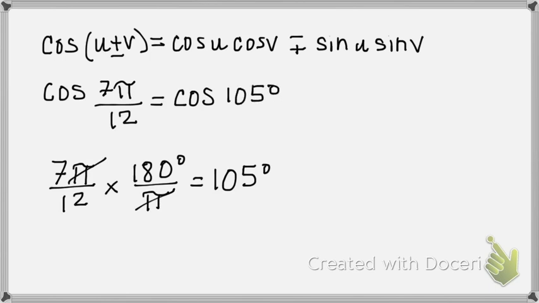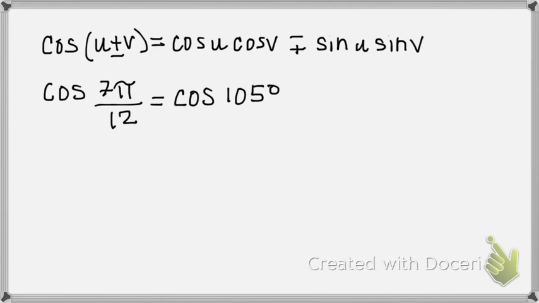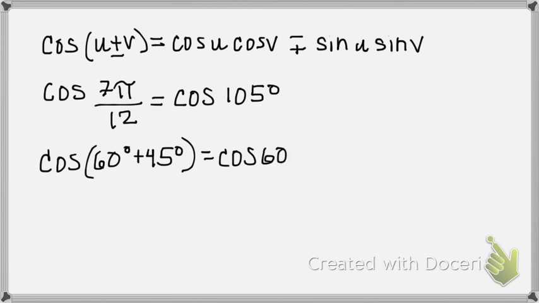Cosine of 105 degrees. Now, talking in degrees, is there a sum of two angles that I know that are more convenient, or that I can use the unit circle for? And of course there are. Cosine 60 degrees plus 45 degrees. And then going into the formula above, I would say cosine 60, cosine 45.